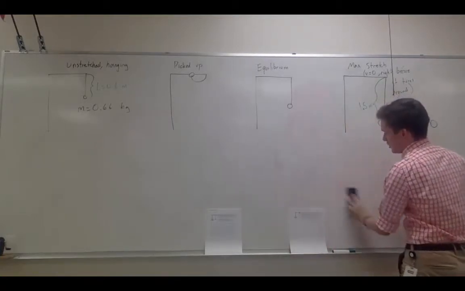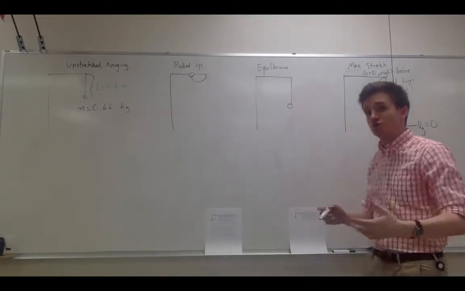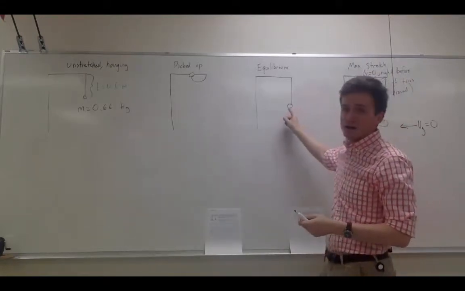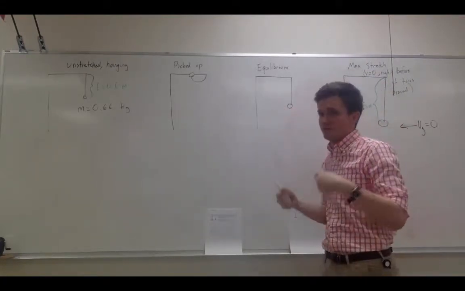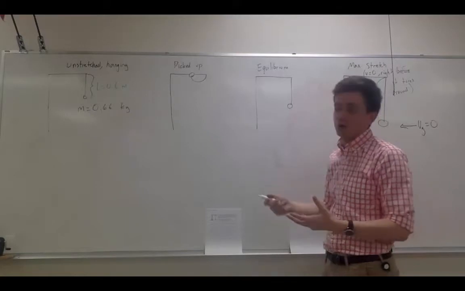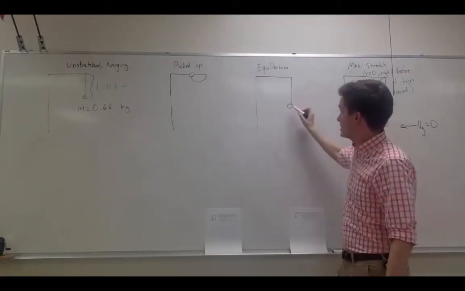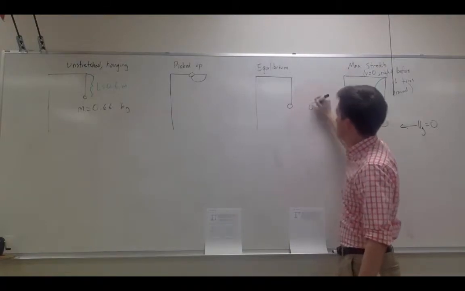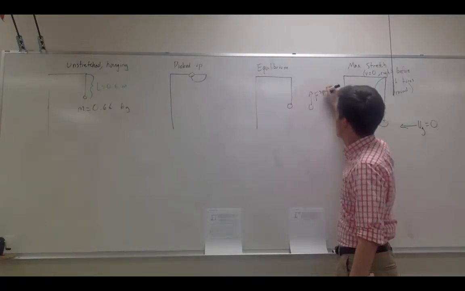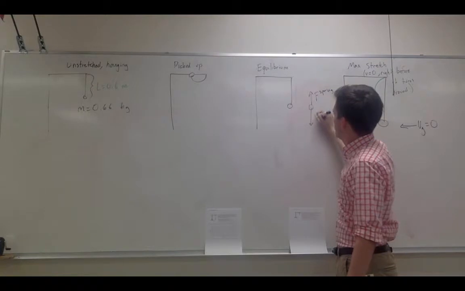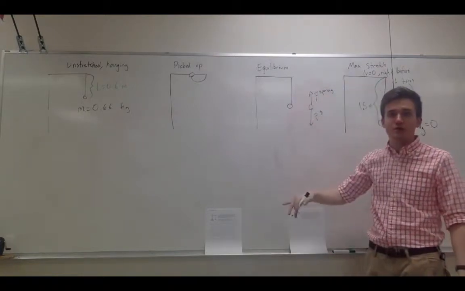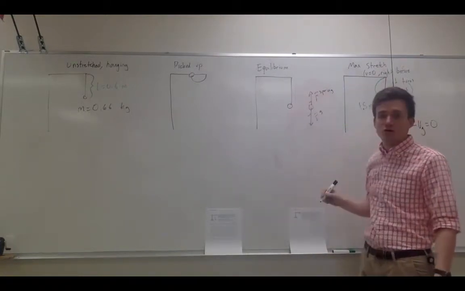Part D asks what the force is in the cord when the spring is at equilibrium, so when it's hanging out right here. Now, by now, you should be able to recite the definition for equilibrium in your sleep. Forces are balanced. That's always true. So right here, there's only two forces acting on it. There's the spring force pulling up and the force of gravity pulling down. At this point, we know both of those are equal.